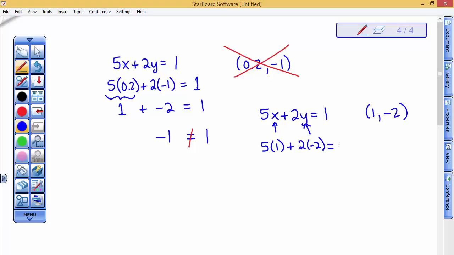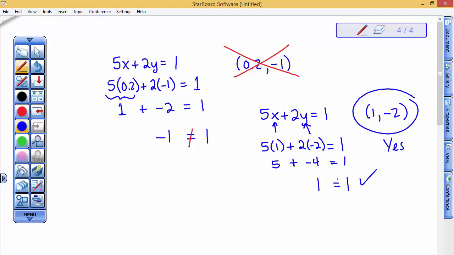So here we have 5 plus -4. Does that equal 1? Yeah, it does. And so this ordered pair does work in this equation. So one of the things we have to be able to do in Chapter 5 is substitute an ordered pair in and see if it works.